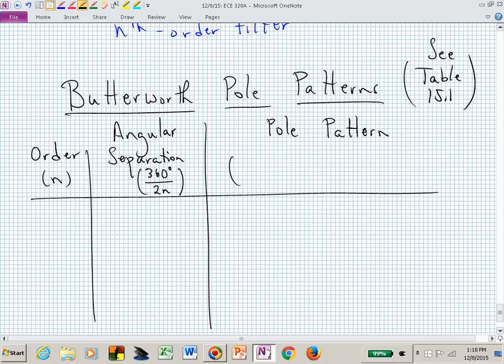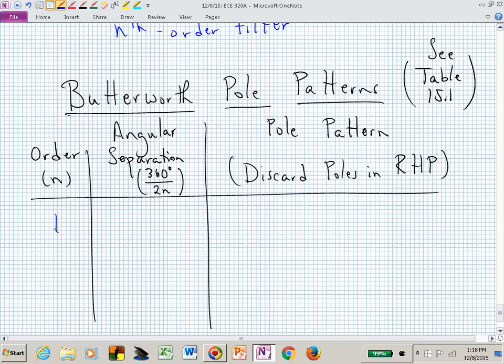Those aren't stable, so we're just going to neglect those and only keep the half that are in the left half plane. So to build up our filter, we would discard all of the poles in the RHP, in the right half plane.